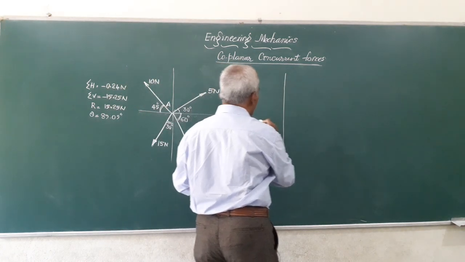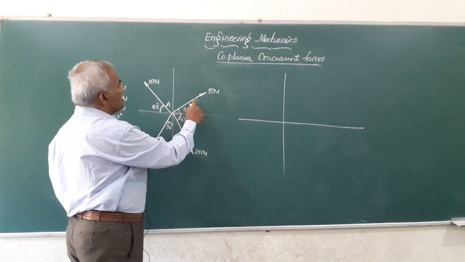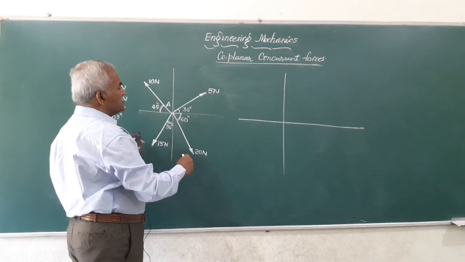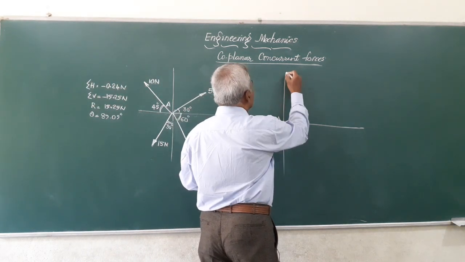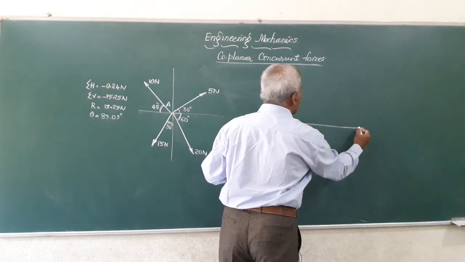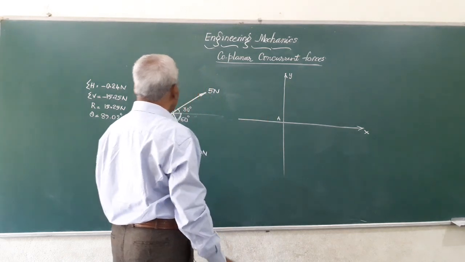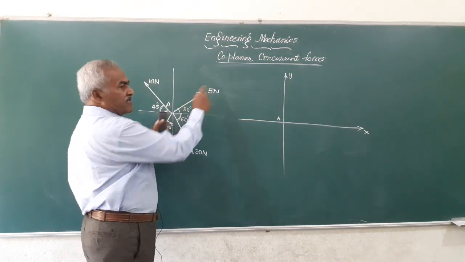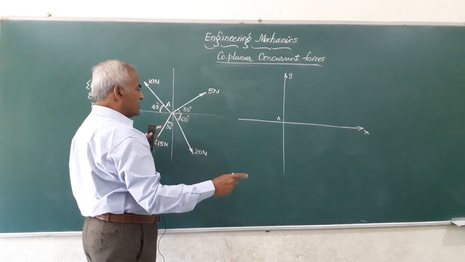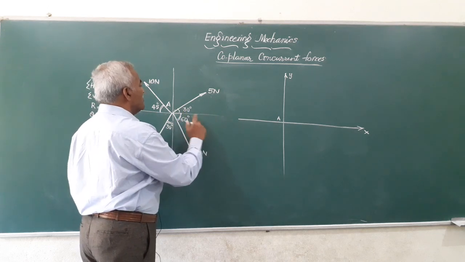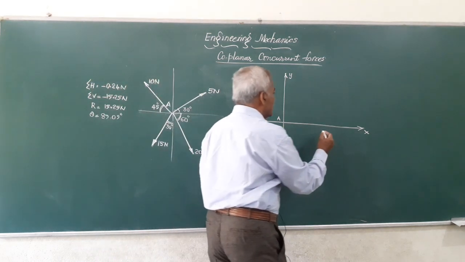So, what I do, I will just take the components, the resolved components of all these four forces along the x and y direction. I will call this as A. This is the y direction and this is the x direction, positive direction, negative direction. And here, friends, I am starting with 5 Newton. 5 Newton is acting at 30 degrees to the horizontal, hence it has got a component of 5 cos 30 in the horizontal direction.